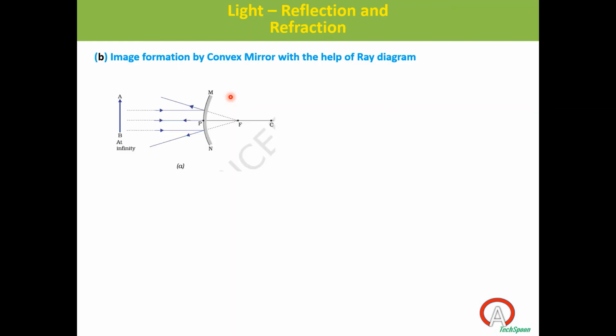Only two positions: one at infinity, the other between infinity and the pole. Under the convex mirror, we have two cases. If you keep the object at infinity, you will get a certain kind of image. If you keep it at any point between infinity and the pole, you will get the same kind of image.